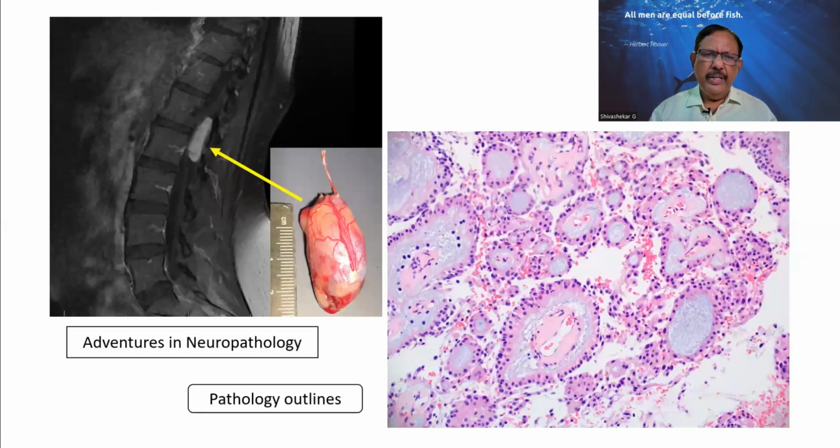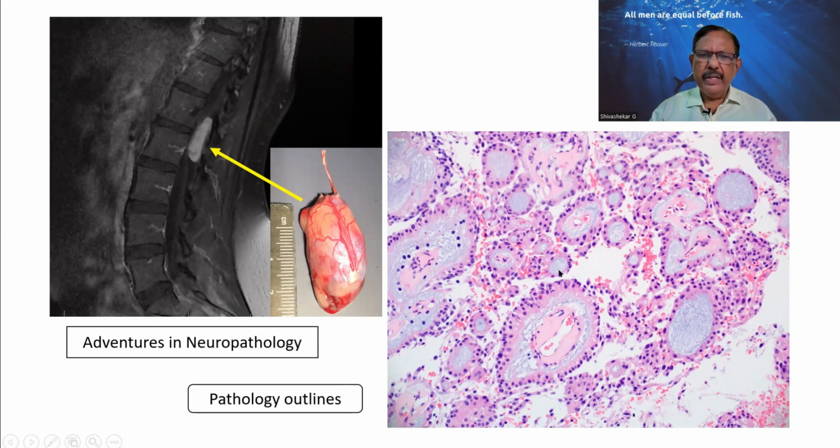So this particular lesion can be present either in the brain or in the spinal cord. In this particular case, it is, say, an ovoid or a cylindrical lesion with a long axis parallel to the spine, thanks to adventures in neuropathology.